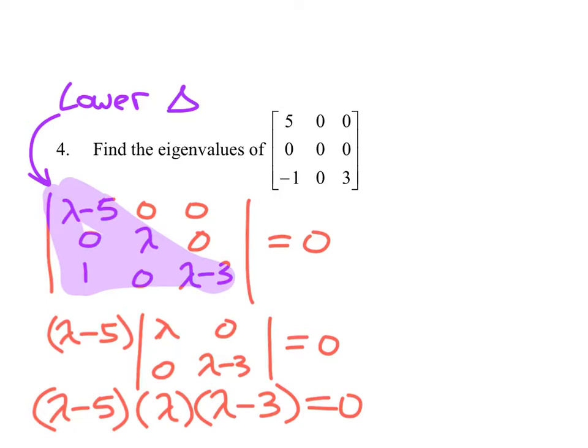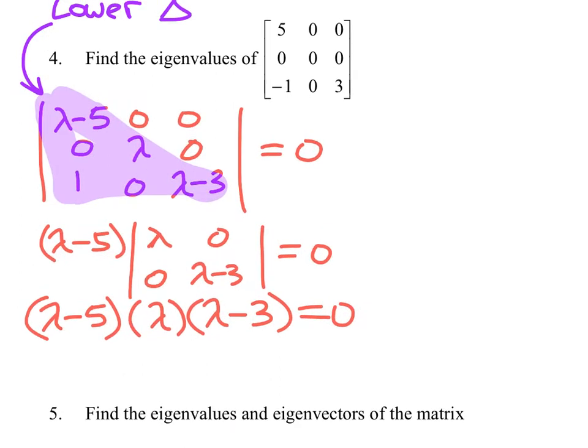Any kind of triangular matrix, just multiply down the main diagonal and you'll have the measure of the determinant. If it's a diagonal matrix in and of itself, that's even better. You're still just multiplying down the main diagonal. So bottom line is you could just grab your eigenvalues right out of this, because there's really no work to do. Lambda is equal to 5, 0, and 3. So we found the eigenvalues.